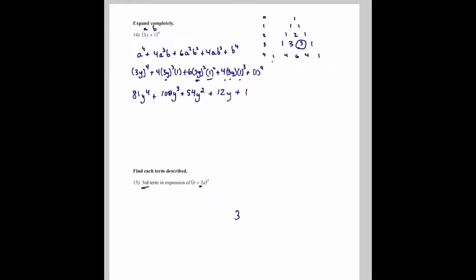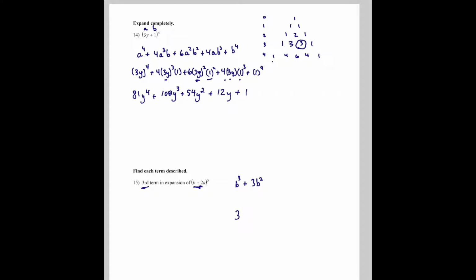And then if we think about the expansion of this, it's going to be b cubed plus 3, and then b squared times a plus 3 times b. Actually, let me back up here.